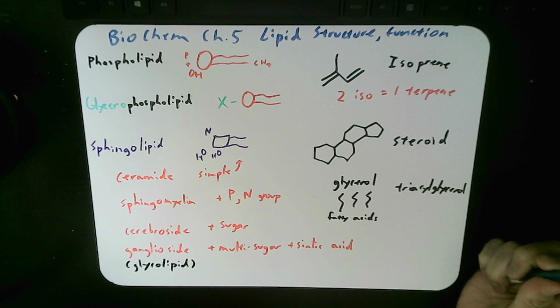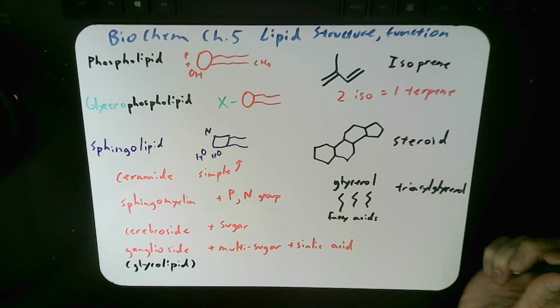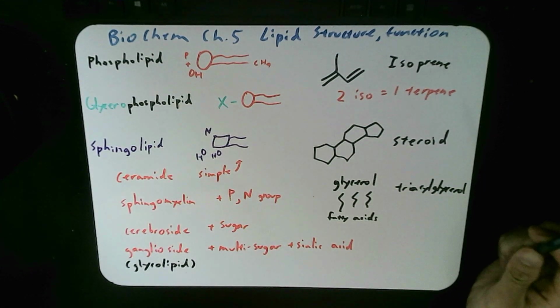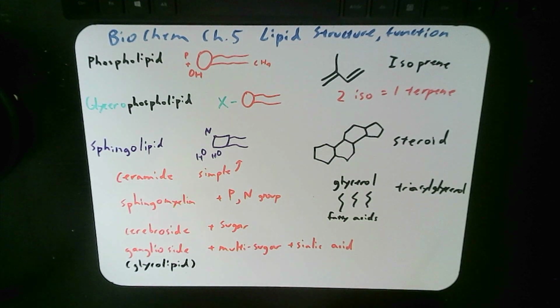So think about a plant releasing certain chemicals to push away insects. Terpenes are also used in natural products. So they serve all sorts of functions, and they also come into body functions, such as immune function.